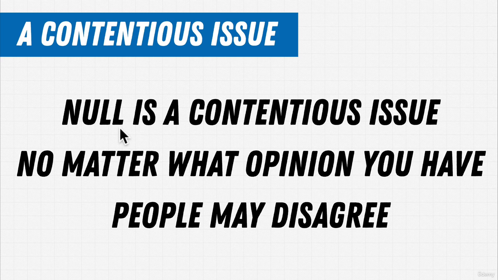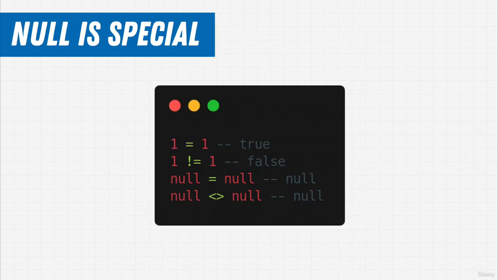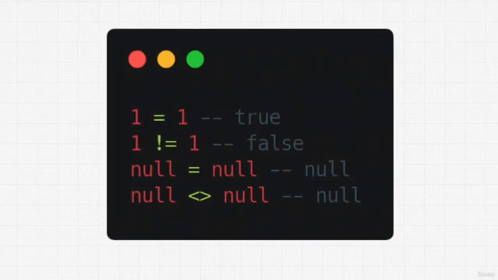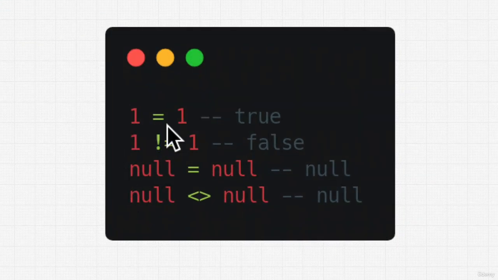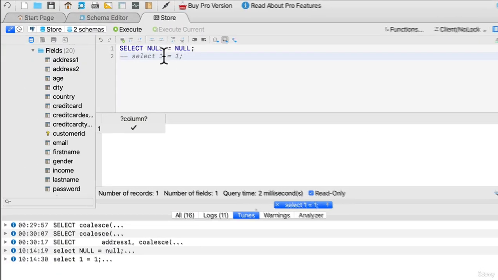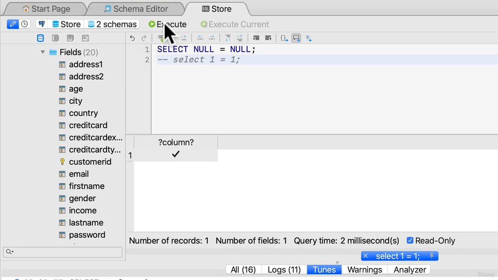The why matters. Null is also a special value. You see over here, 1 is equal to 1 will yield true, and 1 not equal to 1 will yield false. But null equal to null will output null, and null different than null will output null. Let's look at that. So over here, we're in Valentina. And you can see that I did select null equal to null.